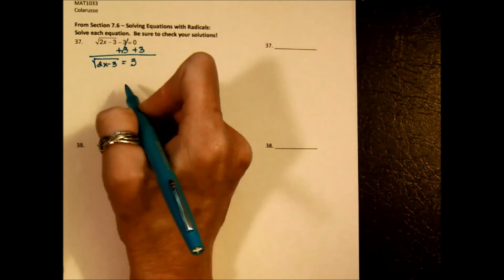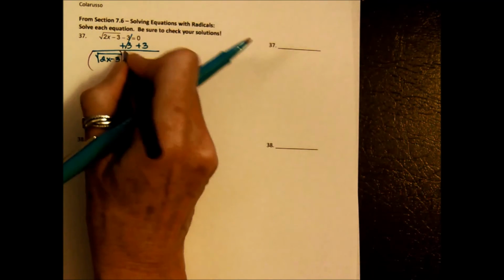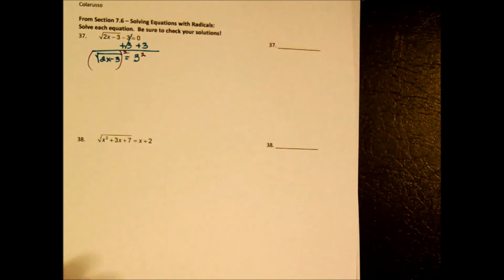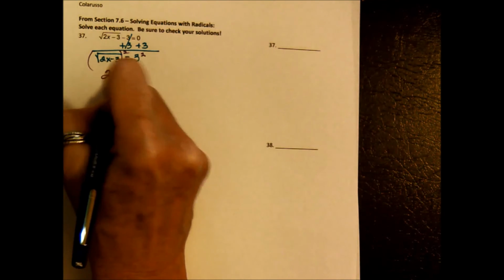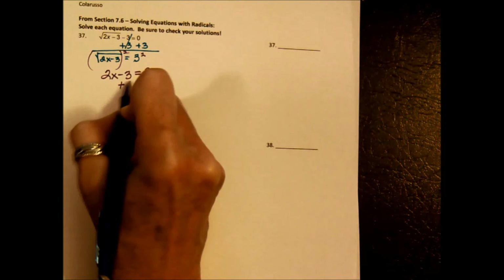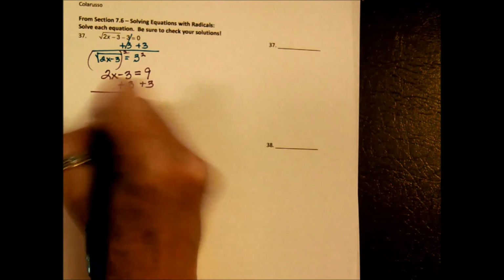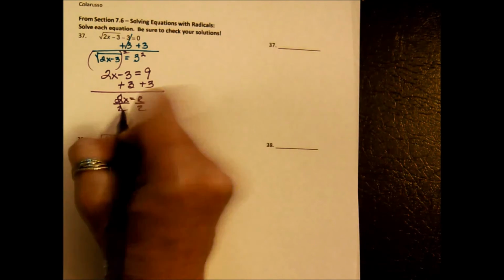And now I can solve that by squaring both sides, because squaring is going to undo the taking of the square root and get rid of that radical. So what I'm left with on this side is 2x minus 3. 3 squared is 9. Now I just have a linear equation, so I add a 3 to both sides. 2x equals 12, divide by 2, and I get x equals 6.